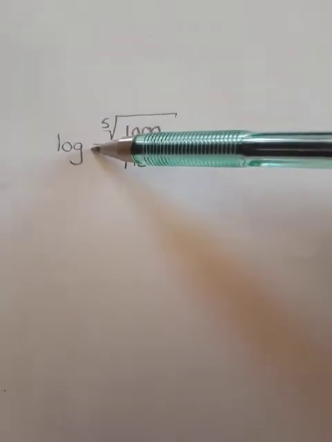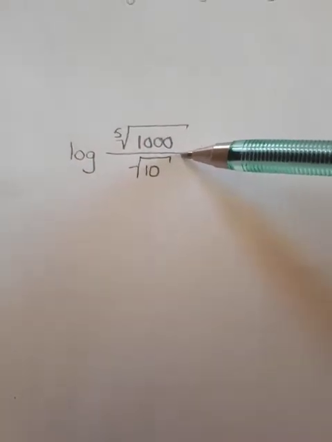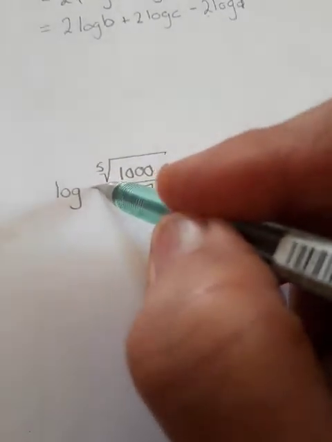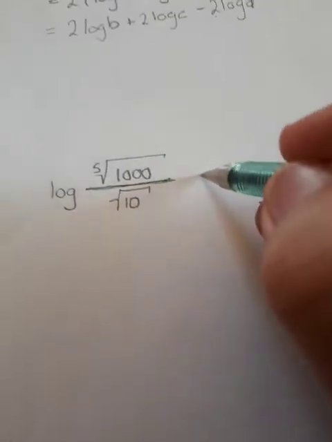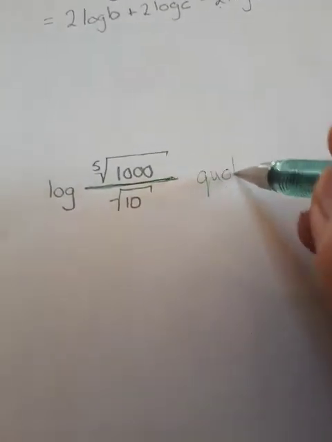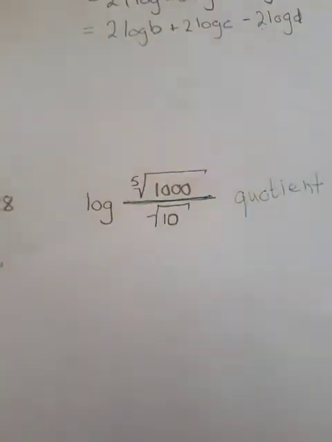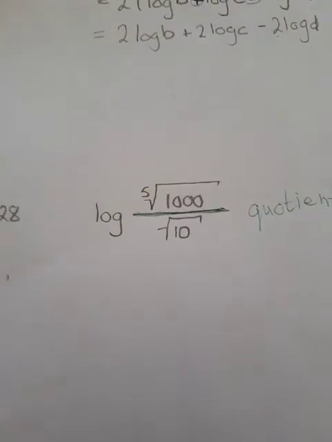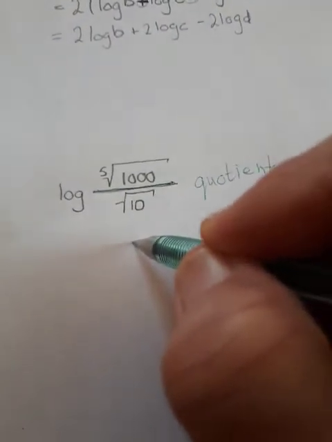In this example, we've got a single log with a quotient. So this is the quotient law, which we will apply, and the quotient law simply tells us that we must get the difference.